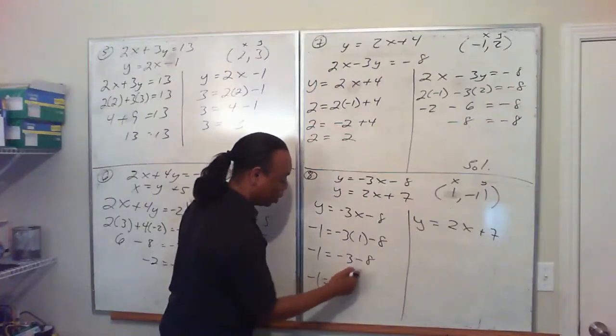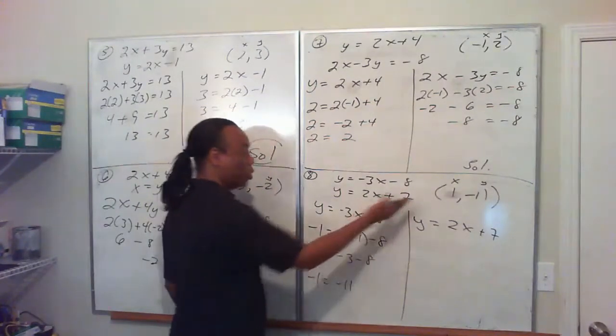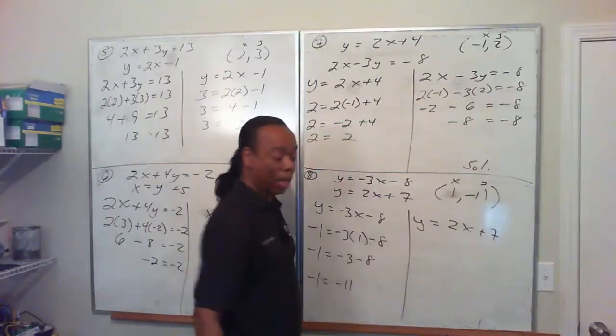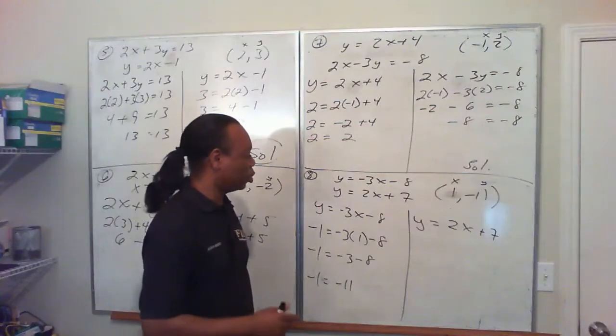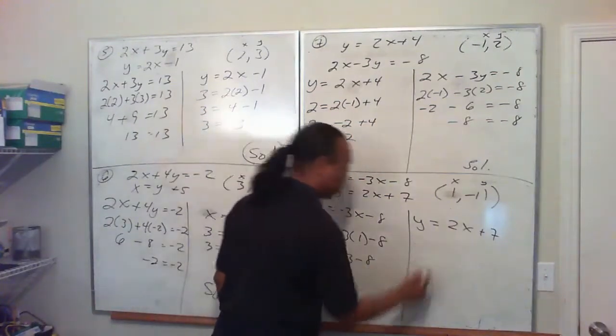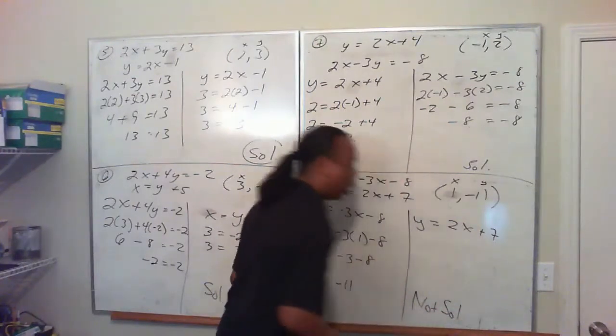And when I put these together, I have a -11. These two do not match, so this is not a solution. And we can end it right there. So there's no need to look at this one. This is not a solution.